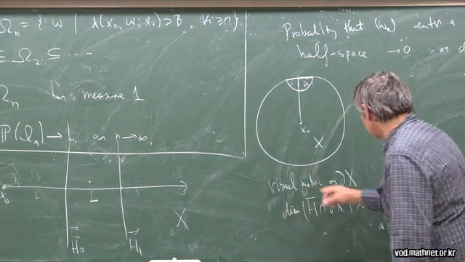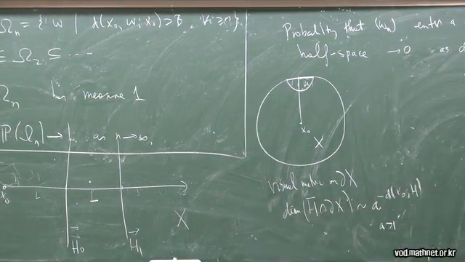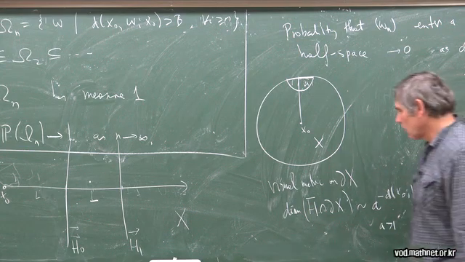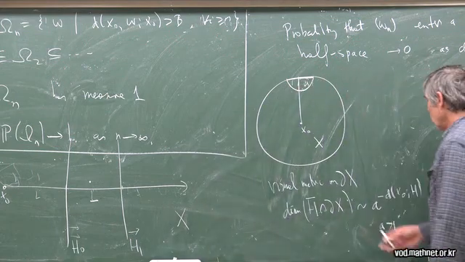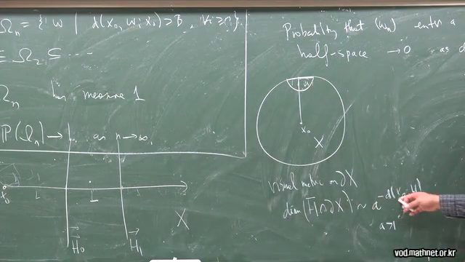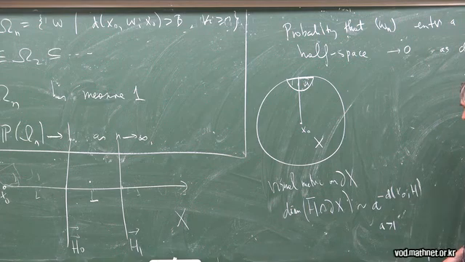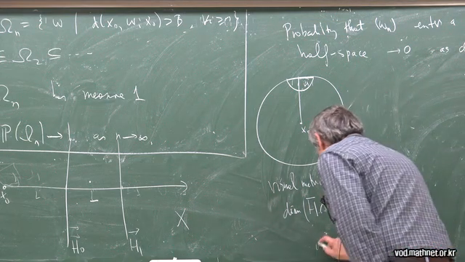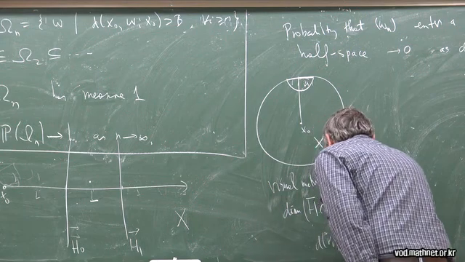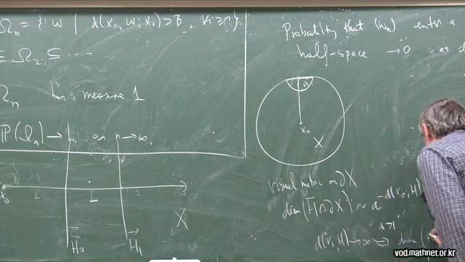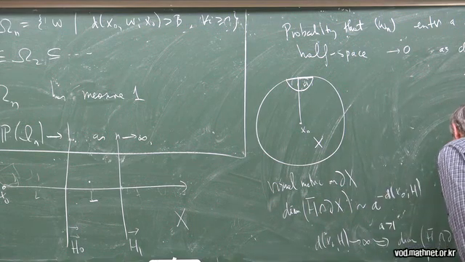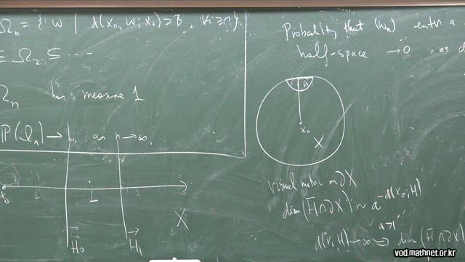When you define the visual metric, you have to pick some constant greater than 1. This is a complicated business, but all that matters here is that this diameter goes to 0 when the distance goes to infinity. So when the distance between x0 and H goes to infinity, the diameter of H bar intersect boundary X goes to 0. That's all you need to know for this proof.